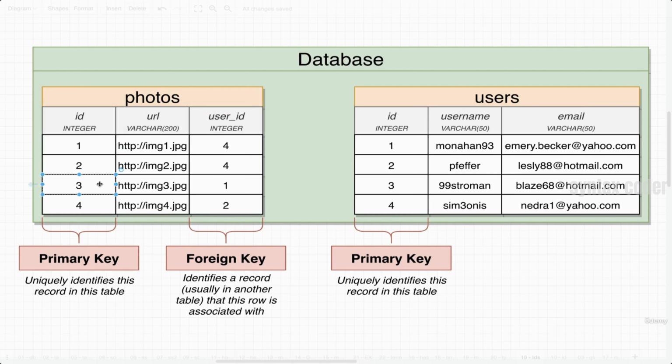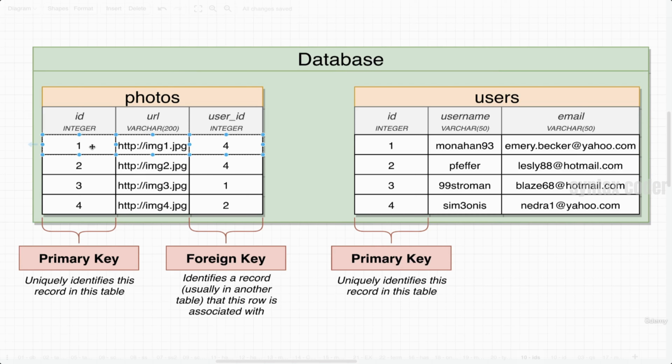Every value inside of this column is going to be some kind of unique value in that column. So for example, the first row right here in a photos table might have an ID of 1. So this is this row's primary key, an ID of 1. There will never be any other row inside of this table with an ID of 1. So if I ever reach into the photos table and ask for the photo with an ID of 1, I will always 100% of the time get exactly that row right there.